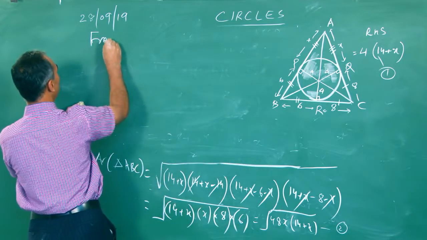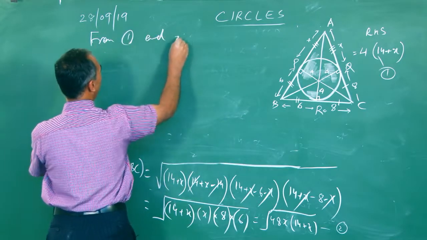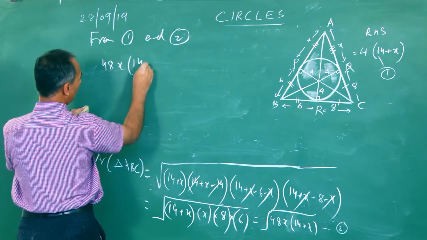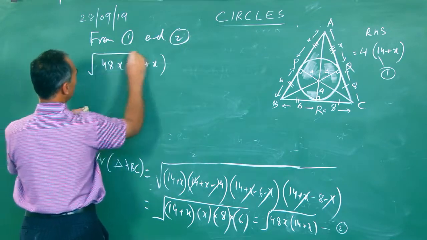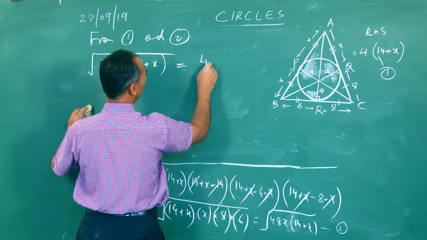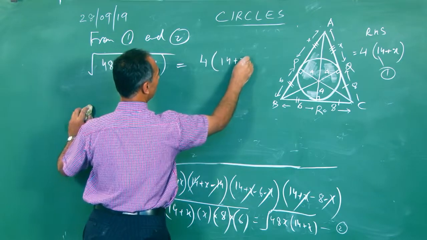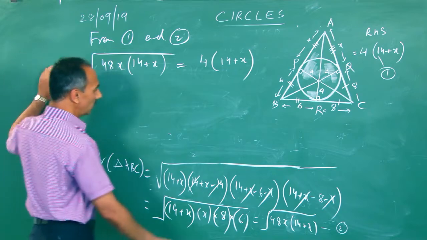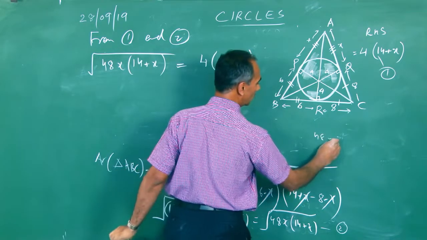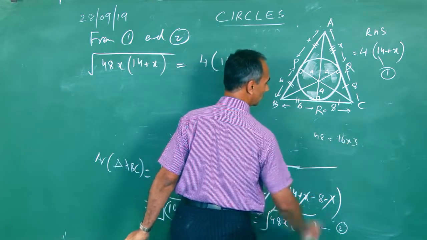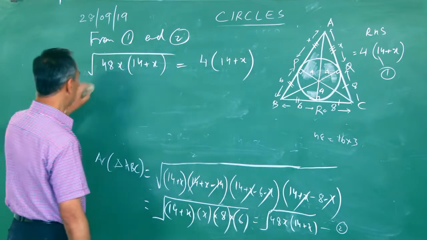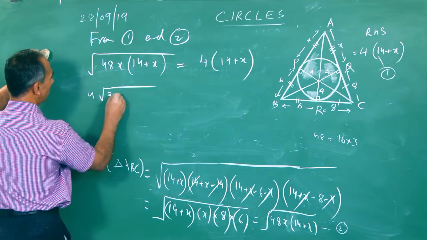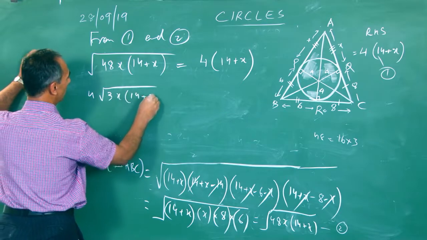So I should write from 1 and 2: 48x times 14 plus x, positive square root, is equal to 4 times 14 plus x. See, 48 will be 16 into 3. So can I write it as 4 times root of 3x into 14 plus x?